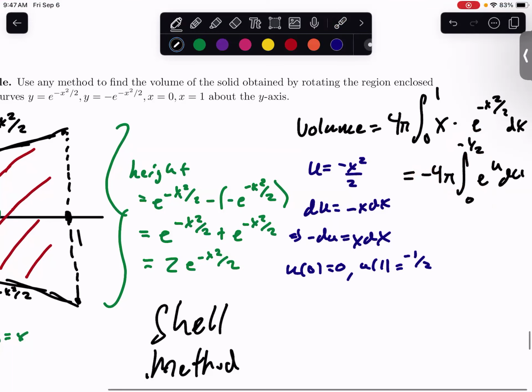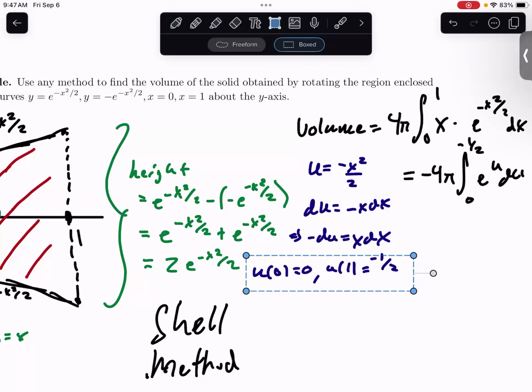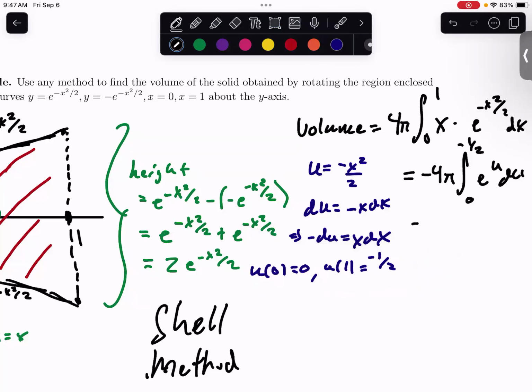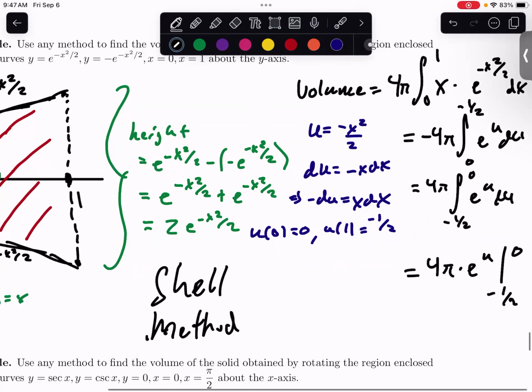So this is really the same thing as 4 pi times the integral from minus 1/2 to 0 of e to the u du. This is just equal to 4 pi times e to the u evaluated from minus 1/2 to 0. And if you plug these numbers in, you should end up getting 4 pi times 1 minus e to the minus 1/2 power.